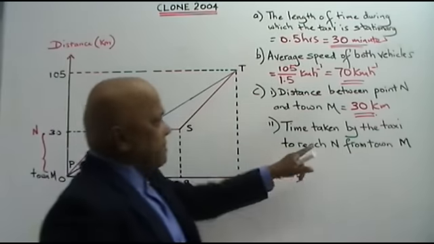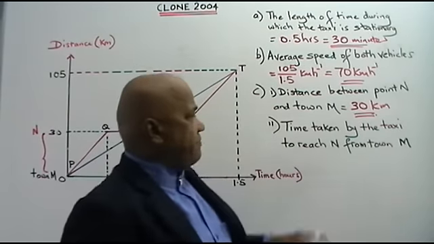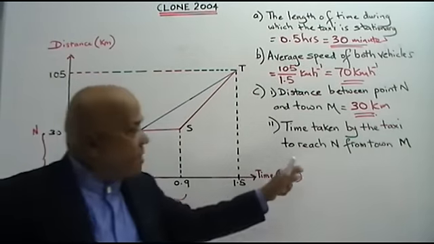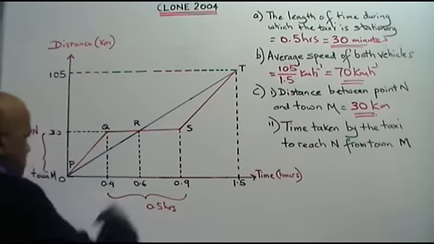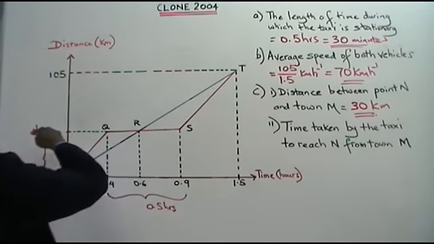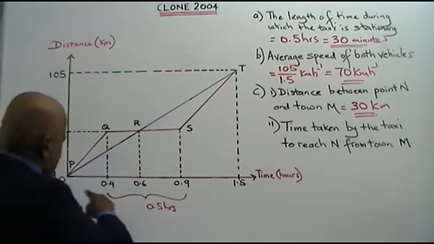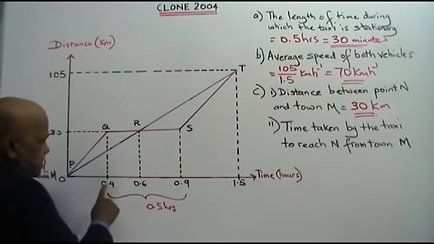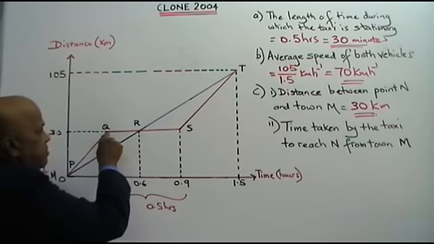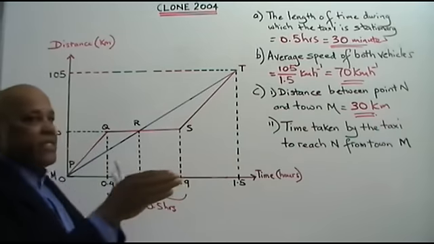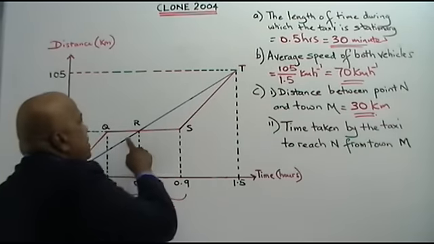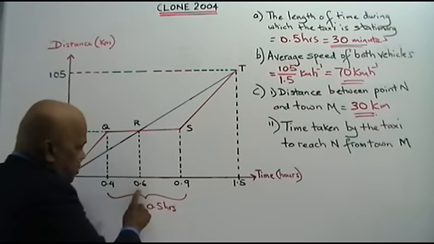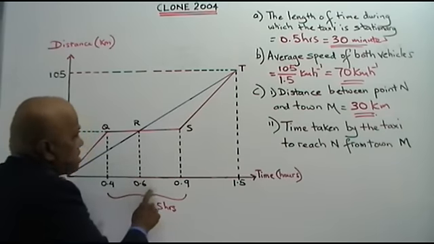Now the time taken by the taxi to reach N from town M, the last part. Okay, be careful. If you look carefully, point N is here. The taxi takes 0.54 hours to reach that point. And then it waits at point N. The lorry reaches point N after 0.6 hours.